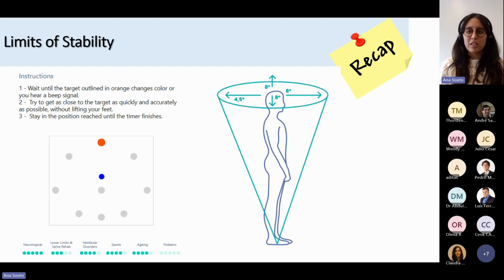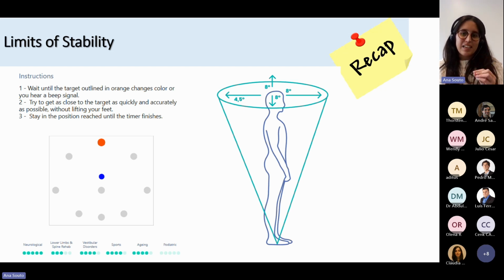This protocol measures several movement characteristics in 8 different directions. So to the front, front right, back right, back, back left, and front left. When the software starts, the patient is the blue ball, and has to start in the center.